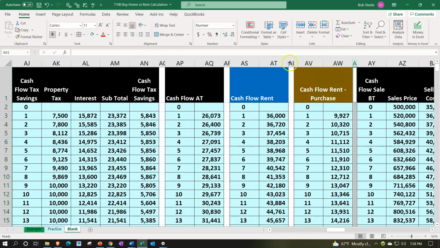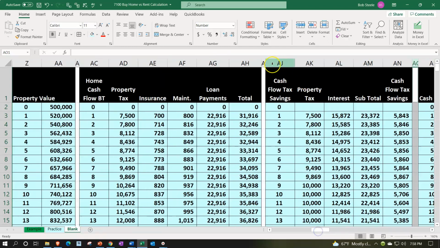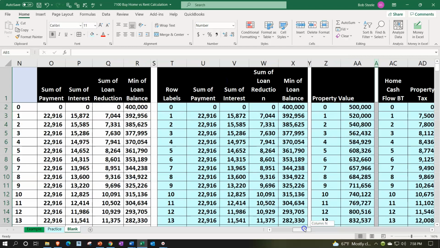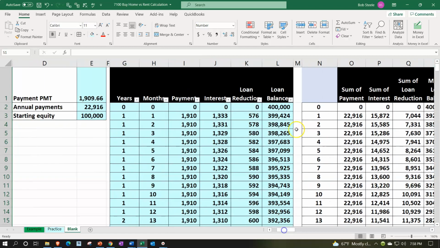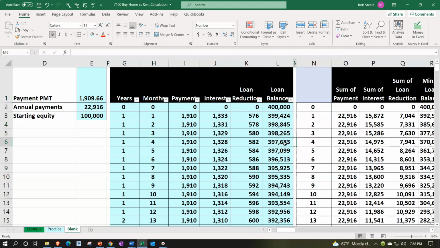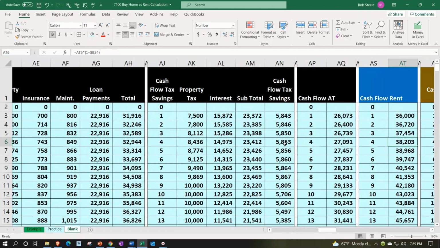So this one, that one, that one, that one, scrolling over, that one, scrolling over, that one, scrolling over, possibly that one. Let's keep it there, and then we'll make those all the same width for professional formatting's sake. So there we have it.